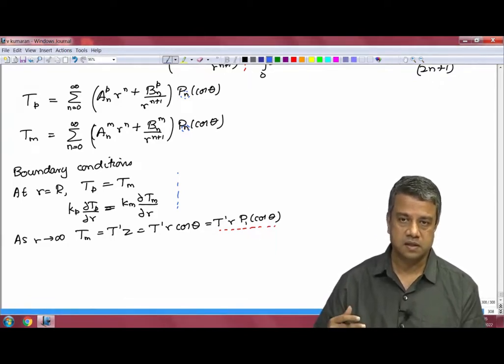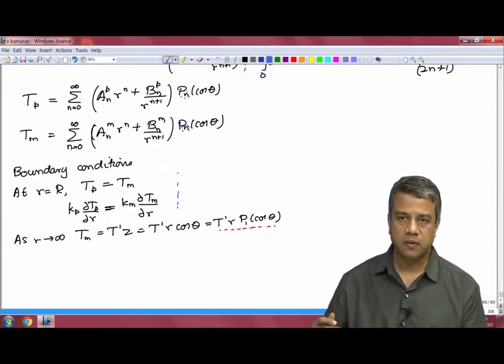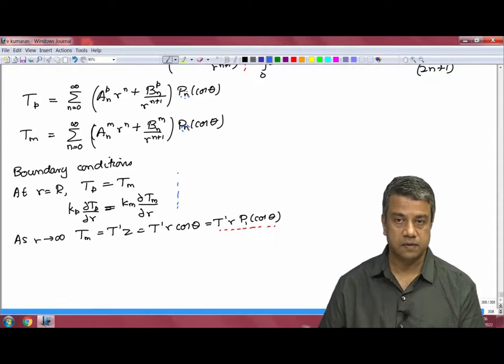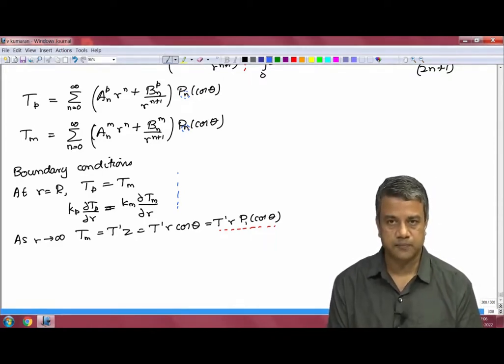And since this is a linear equation, if you find one solution, you are guaranteed that it is unique. Therefore, there is no contribution to the temperature field proportional to the Legendre polynomials P0, P2, P3, etc., because there is no forcing for those Legendre polynomials. The only forcing is for P1.